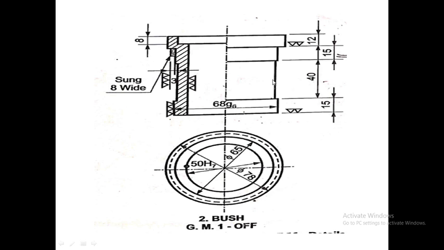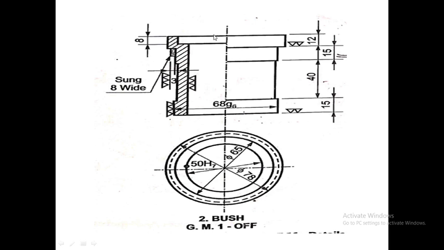Now if we observe the top view, we can observe that the circle drawn is the largest circle, of diameter 78. So the largest circle in the top view is of diameter 78. And if we observe this figure, the largest cylindrical part, or largest diameter, will be from this end to this end.